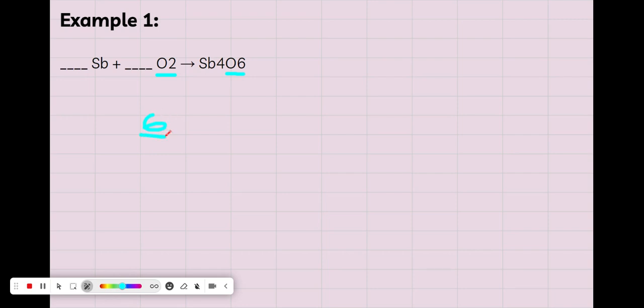So 6 divided by 2 equals 3. That means we have 3 right here. And Sb we have 4 of. Since we have nothing here, it just tells us that there is a 1 here. So divided by 1, that gets you 4. So we have 4 of this.